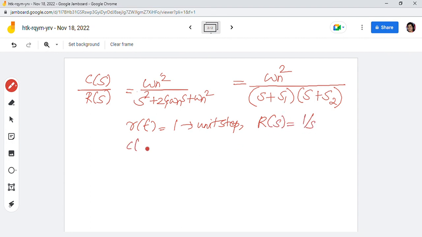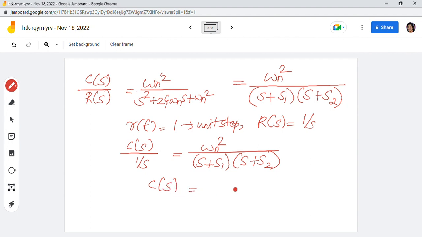Now C of s divided by 1 by s equals omega n square divided by s plus s1 into s plus s2. Now C of s equals omega n square divided by s into s plus s1 into s plus s2.